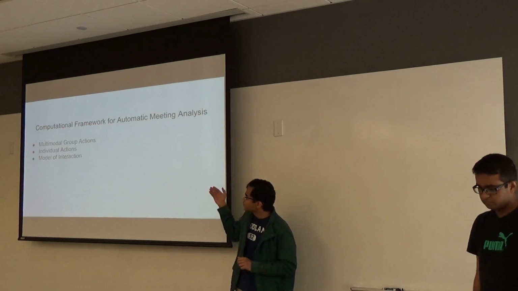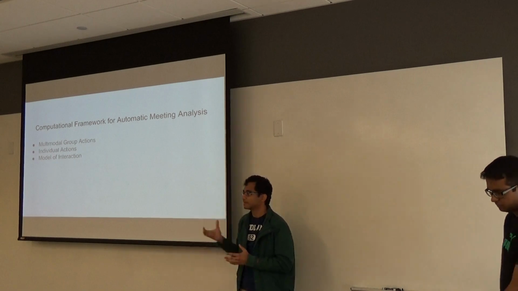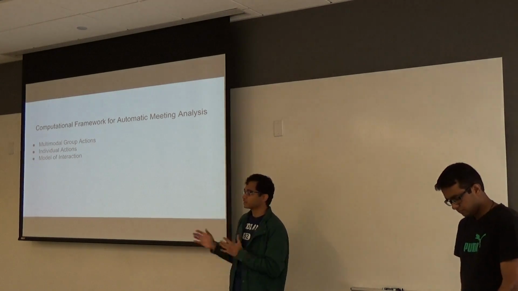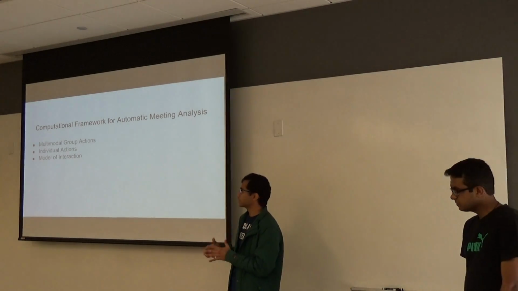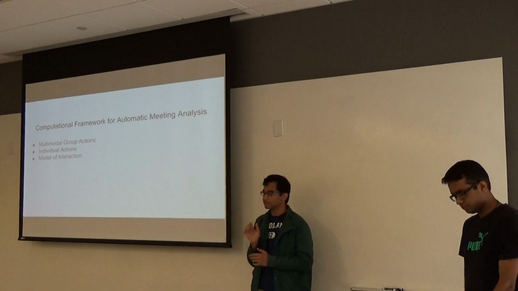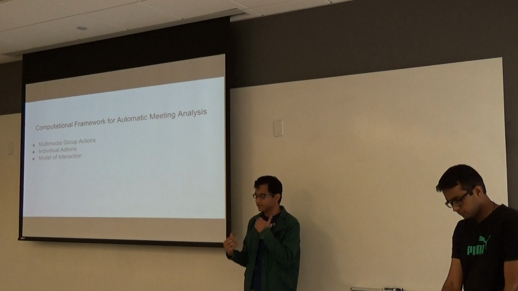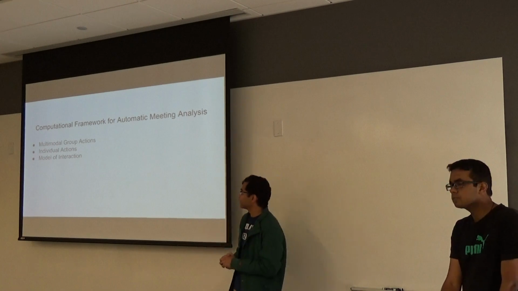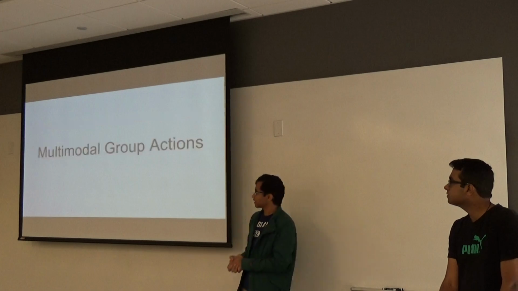One is the group actions, where we directly take this concept of exclusive and exhaustive events and model them as group actions. The second part is individual actions, where we monitor each of the individuals. And the third is coming up with a model of interaction between these individuals.